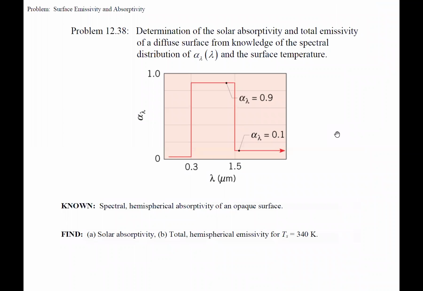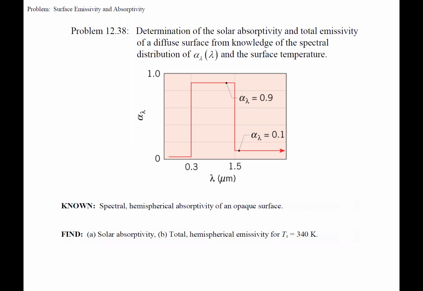All right, examples here. We have 1238. Any questions so far? All right, 1238. The spectral hemispherical absorptivity of an opaque surface is as shown. Okay, so we have this figure that's shown.